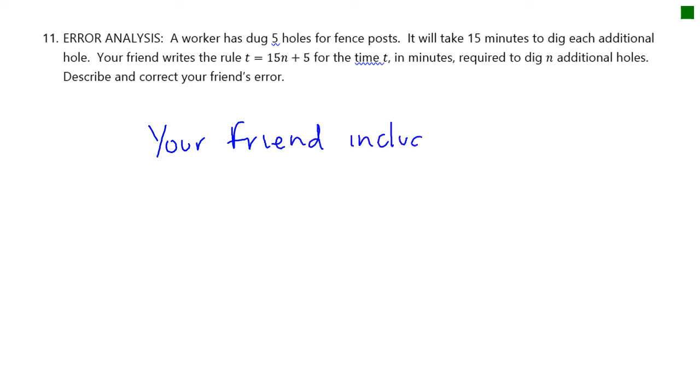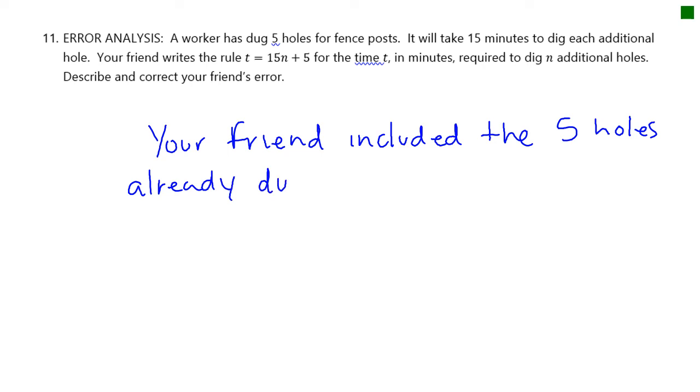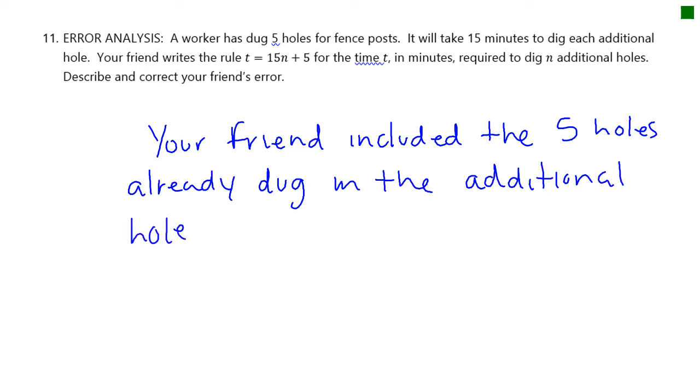included the 5 holes in the additional holes equation.